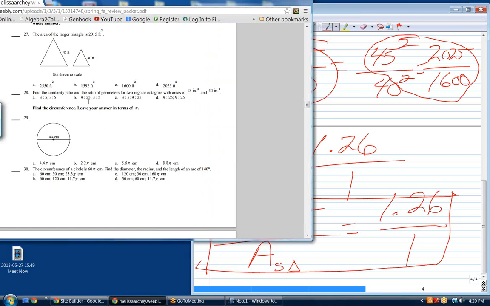Find, number 28, the similarity ratio and the ratio of perimeters, knowing immediately that those are the same. In other words, the similarity ratio is always the same as the ratio of the perimeters. So all we really need to do is find the similarity ratio of two regular octagons, one of which has an area of 18 and this one has an area of 50.